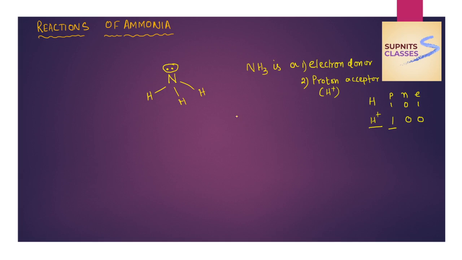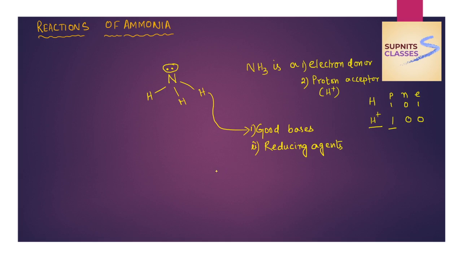See, ammonia donates electron. Good electron donors are definitely good bases. Okay, number one, so it will have basic nature. Number two, reducing agent. Electron donors means they are good reducing agents.